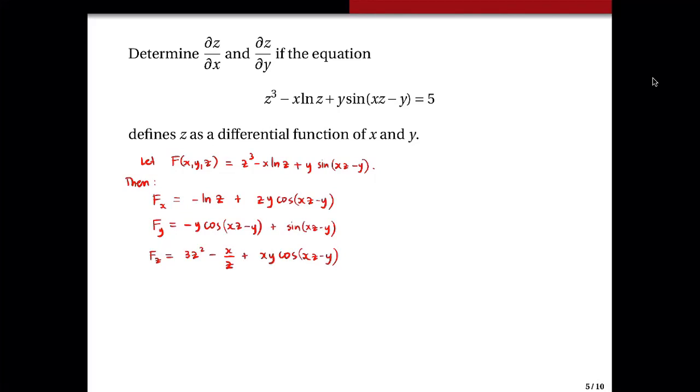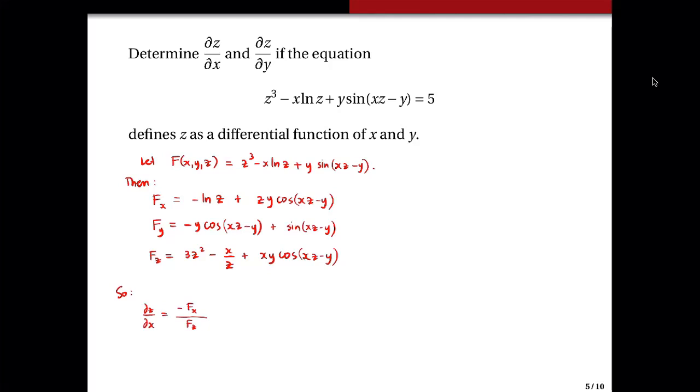So we have partial z with respect to x. This is equal to what? Negative f sub x over f sub z. Correct?